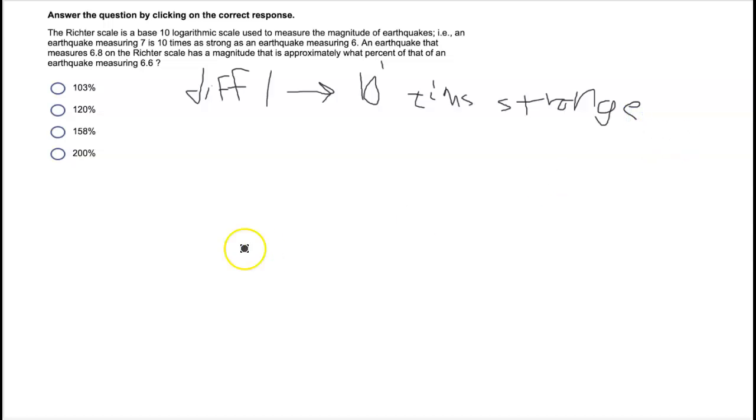That's for things that are an integer apart, 10 to the first. If they differ by anything, like 0.2, then that implies that they are 10 to the power 0.2 times stronger.